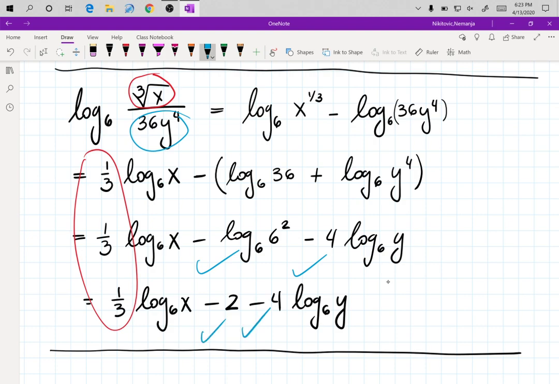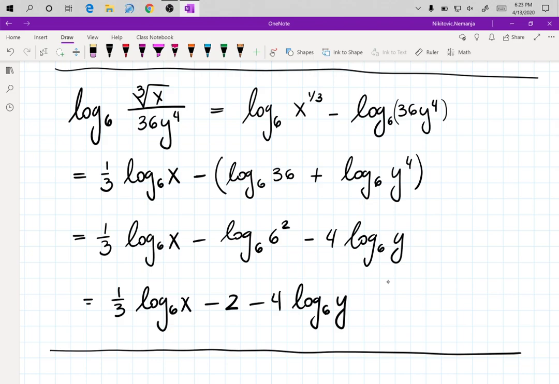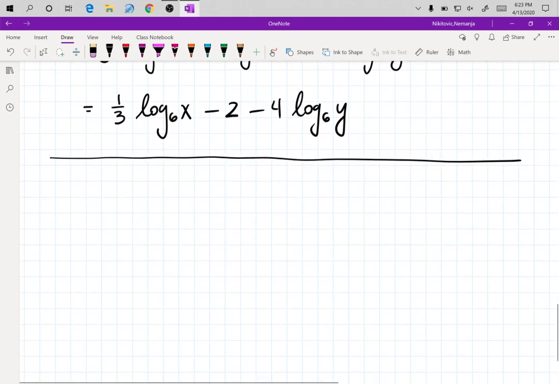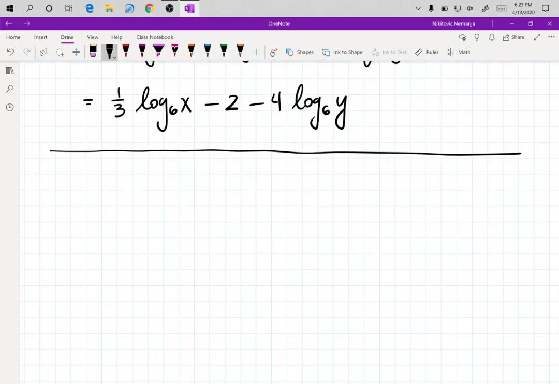So I have one term in the numerator, and that one term is the only one positive. And I have two factors in the denominator. I have 36 and y to the 4th, and both of them ended up being negative. So the number of positive terms corresponds to the number of terms in the numerator, and the number of negative terms corresponds to the number of terms, factors actually, in the denominator.